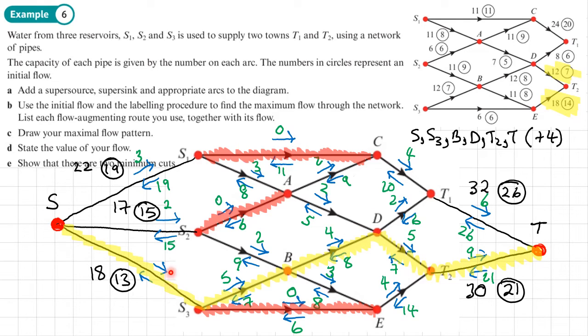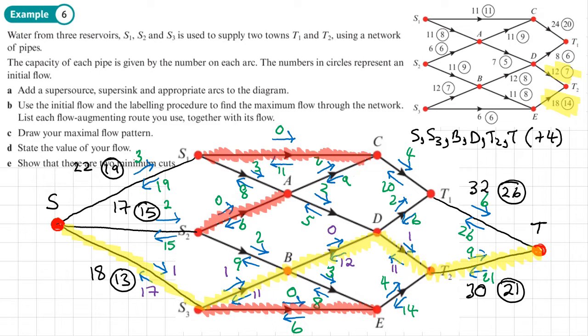So we had 5 and 13, so 5 is going to go down by 4 to 1, and the 13 that was here is going to go up by 4 to 17. The 5 and 7 here are going to become 1 and 11. 4 and 8 is going to become 0 and 12. 5 and 7 here is going to become 1 and 11.